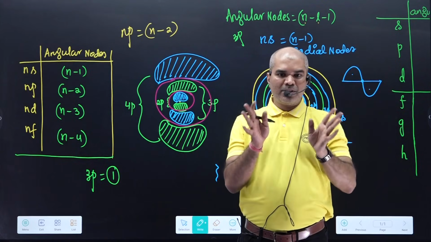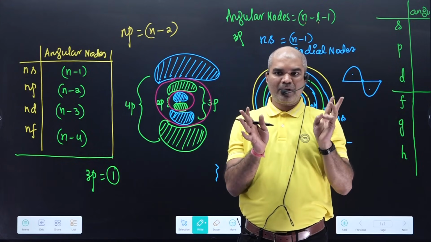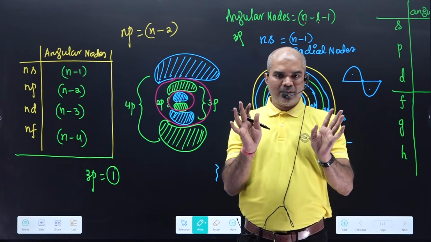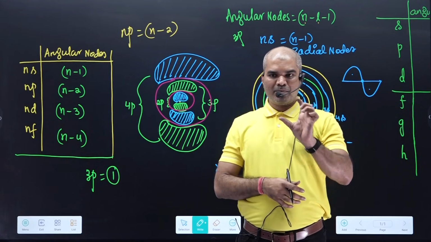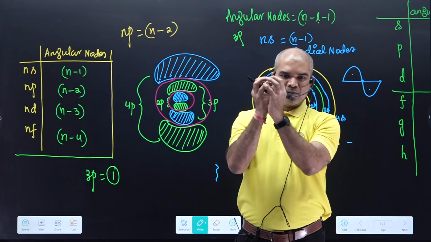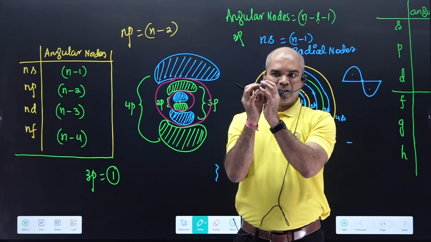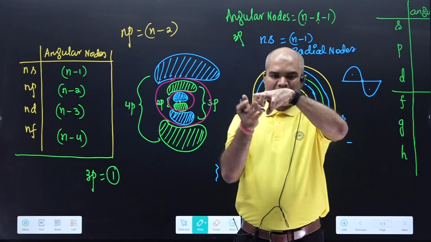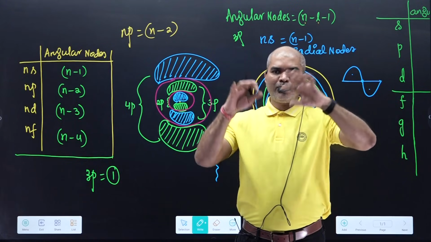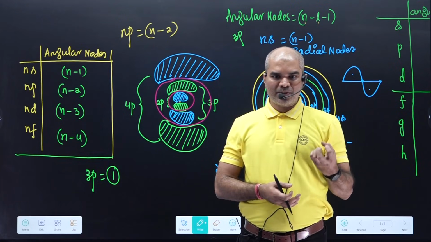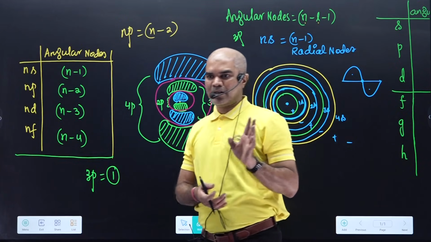We call d orbitals diffused orbitals because electron density is completely diffused. P orbital is a little bit diffused, but s orbital is very compact. So everywhere there is electron density. Therefore we say its penetrating power towards the nucleus is also high. But in p orbitals there are spaces. In d orbital more spaces. Therefore its penetrating power will reduce. So that is how we explain the penetrating power.